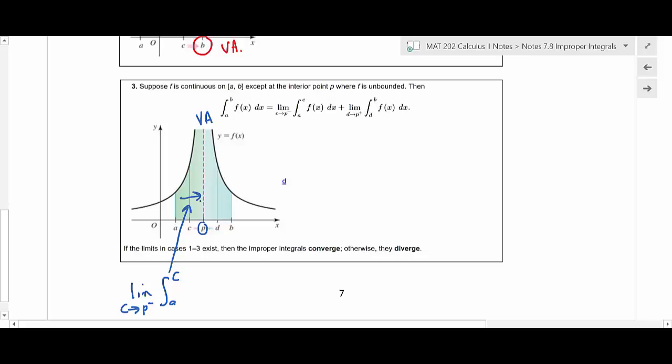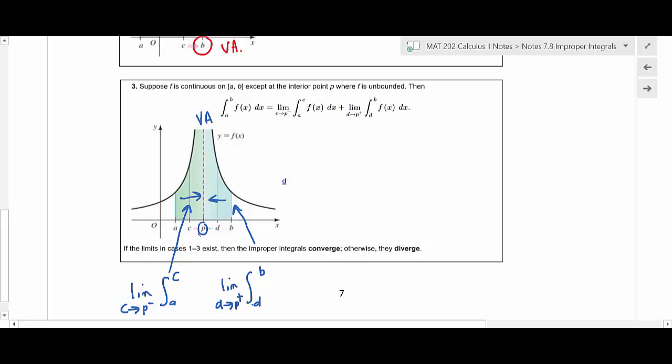That's a left-hand limit. The reason is that the region is to the left of the asymptote. Then with this one, you do the integral from a different value, D to B, like they've done here. And now you're doing a right-hand limit, so you take D as it approaches P from the right-hand side.